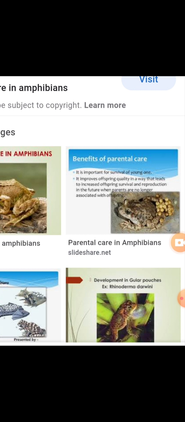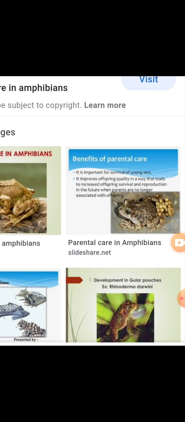So this is the total parental care in amphibians. Amphibians take care of, or nurse, their eggs and embryos, protecting them.